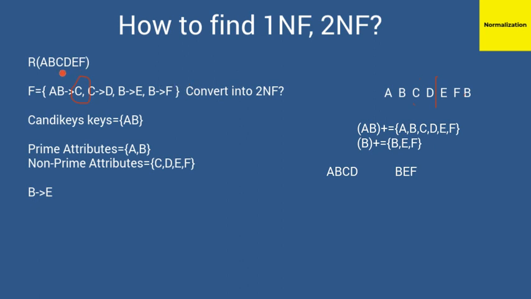So all the functional dependencies are done. Now we need to arrange them in the tables and check whether it is in 2NF or not. Let's do that. Here you include AB gives rise to C, that's fine, and C gives rise to D, yes, it comes into this table, and B gives rise to E and B gives rise to F come into this table.